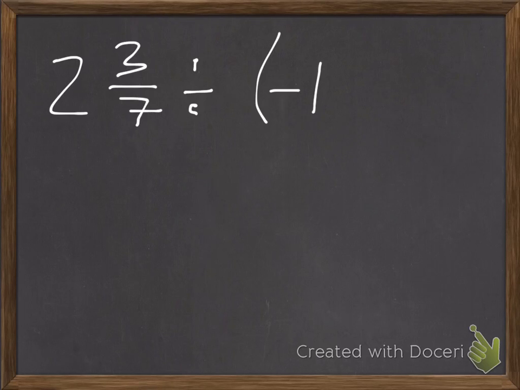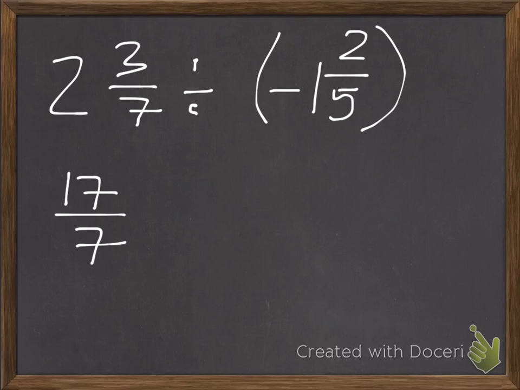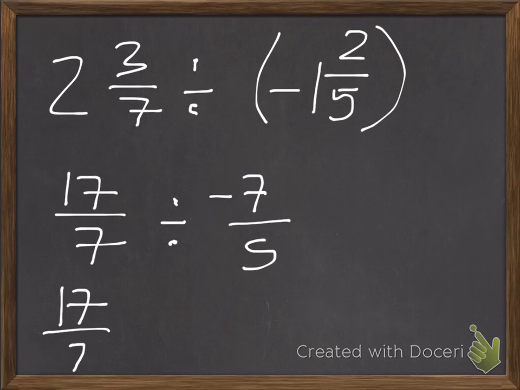And the last division one, 2 3/7 divided by -1 2/5. Make them both improper. And then we flip the second one.